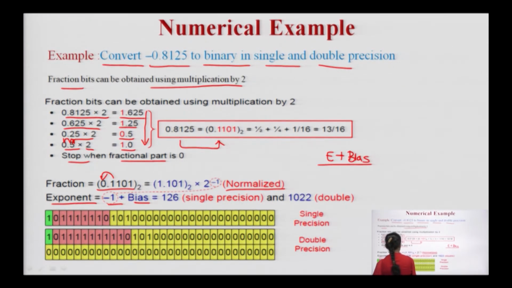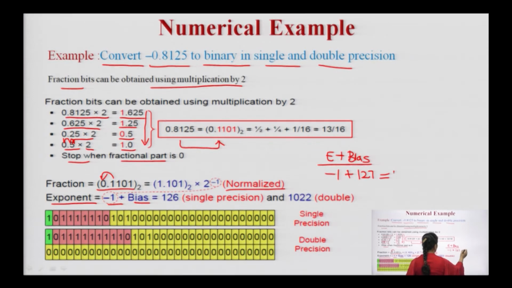So, my exponent here is equal to minus 1 plus 127, that comes out to be 126 in this case, and if the number is in double precision, then it comes out to be minus 1 plus 1023, that is 1022.